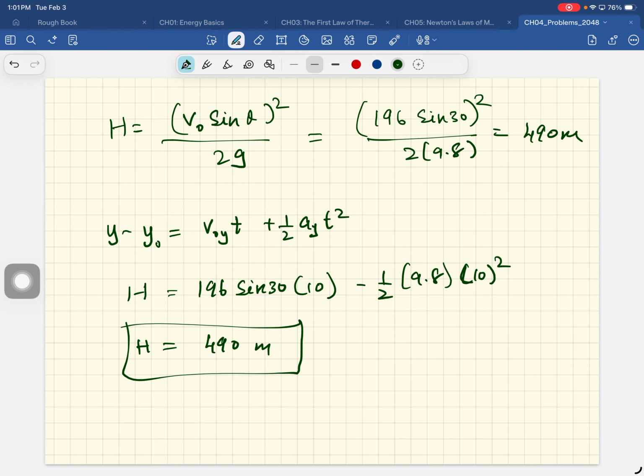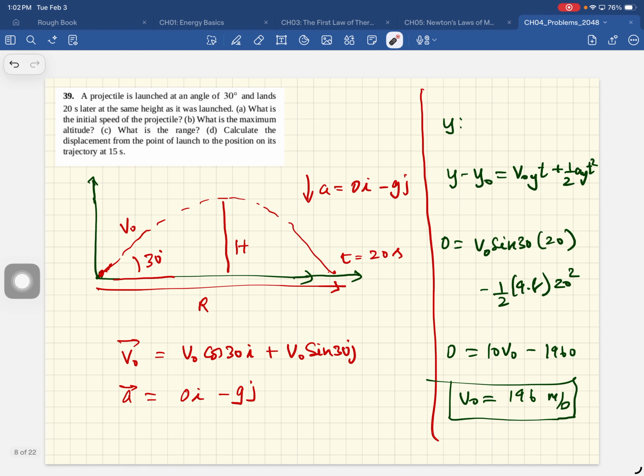Okay, so you can use the maximum height formula, which is easy to remember because you use it often enough. Okay, so what is the maximum height?